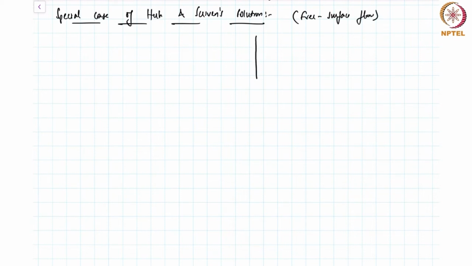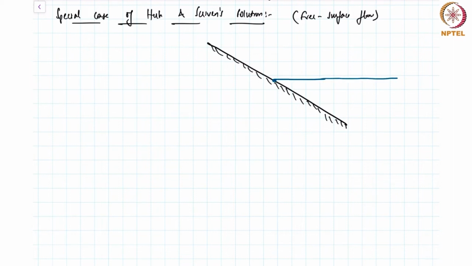We have a plate like this and a flat interface. And the idea is that at the flat interface, my phi is 0, here phi is equal to alpha, and my interest is only in this region, that's the liquid. My interest is only in the liquid region.